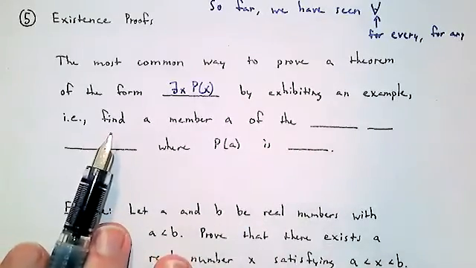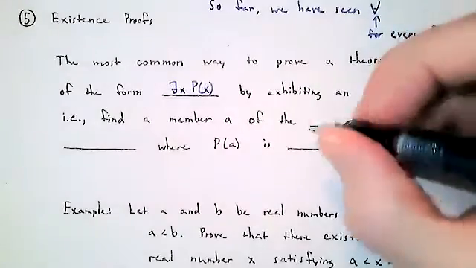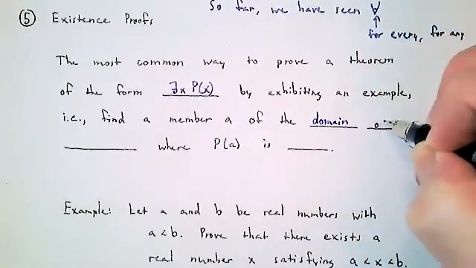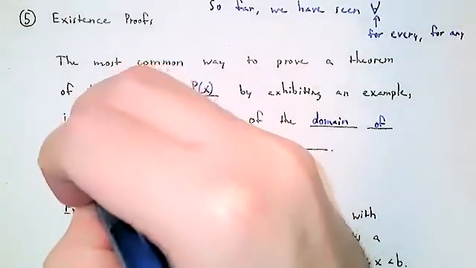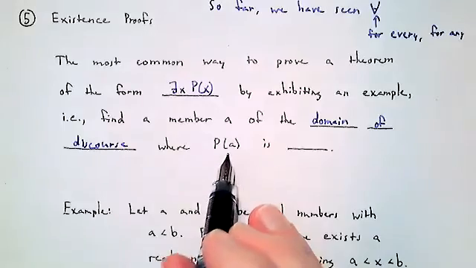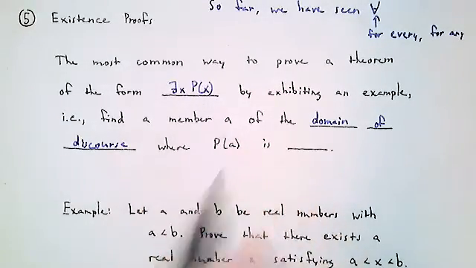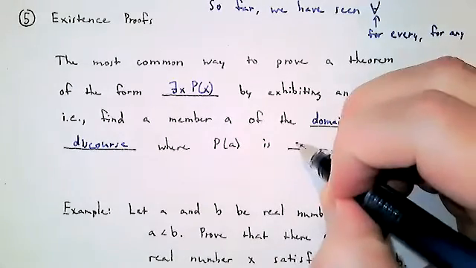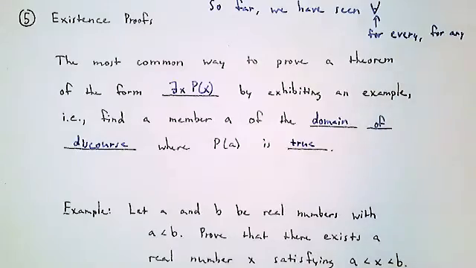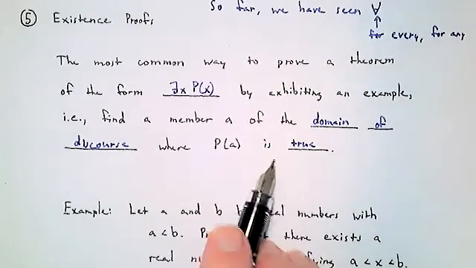So another way of saying that is that we have to find a member, let's call it A, of the domain of discourse where P of A, when you plug it into whatever propositional function we're looking at, is true. So you just have to find a single example where this is true.